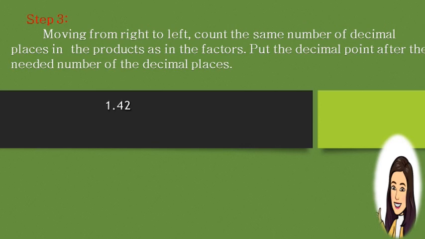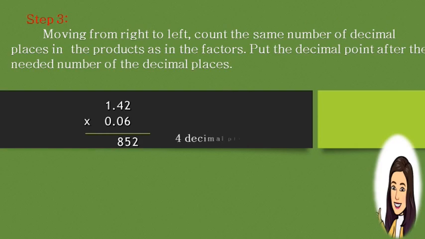In 1 and 42 hundredths, there are 2 decimal places times 6 hundredths with another 2 decimal places. The answer is 852. Now, there are 4 decimal places in the factors. We only have 3 digits in our product.